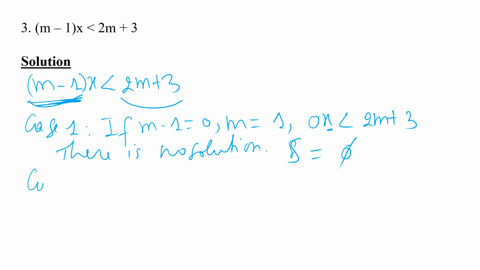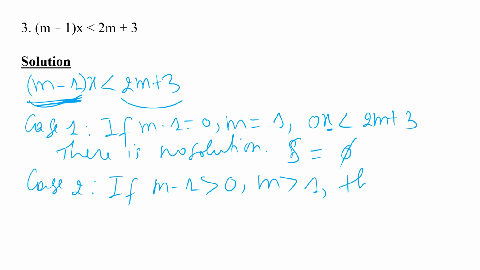Case number 2. If m minus 1 is positive, greater than 0, or m is greater than 1, then m minus 1 times x, which is less than 2m plus 3, is equivalent.